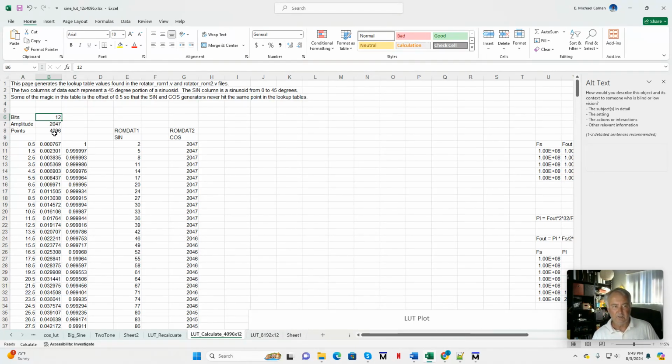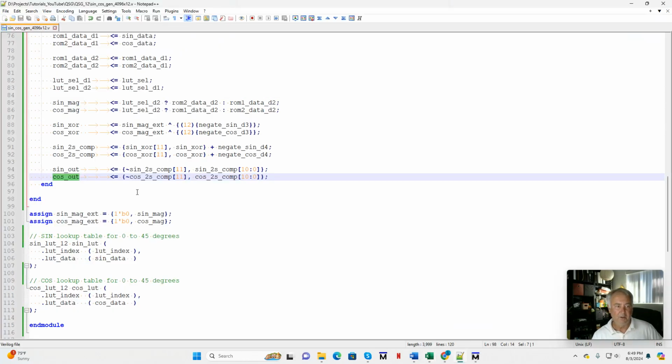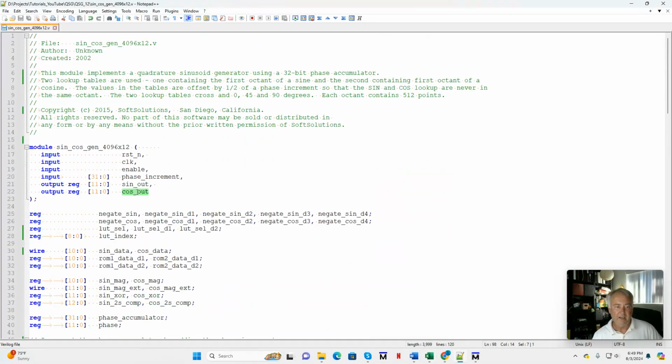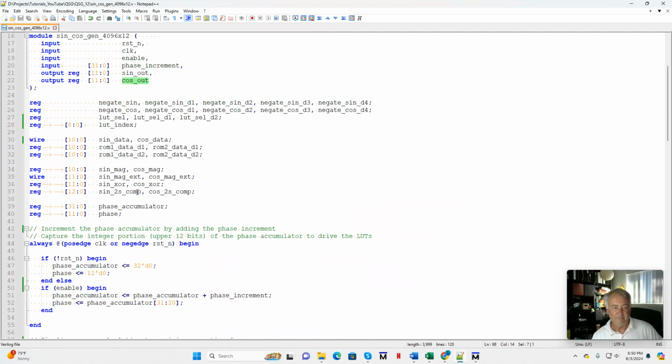So in this case, 4096 points. I only need 1/8 of that. That's 512. And so this table's 512 data points long. Fairly easy math.